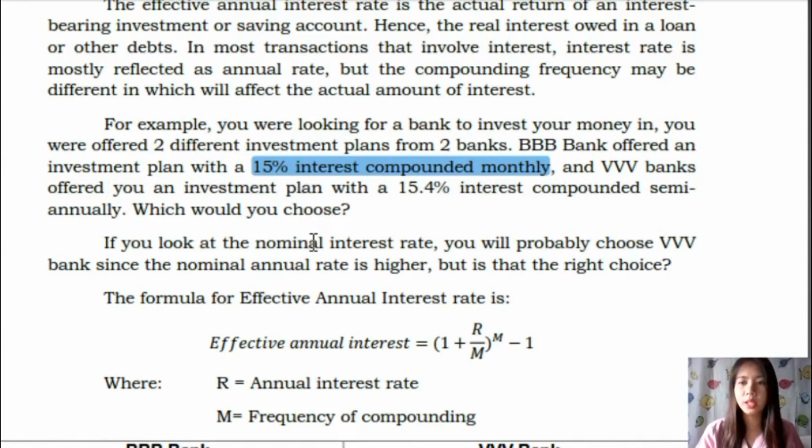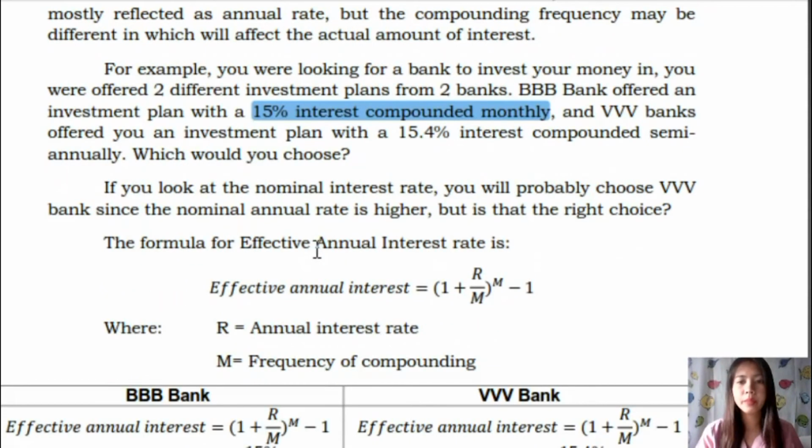So, using this effective annual interest formula, makikita nyo kung alin yung mas magandang piliin sa dalawang bank. But if you just look at the nominal interest rate, you will probably choose this one, kasi may 0.4% siya. Kung titingnan nyo lang yung figures.